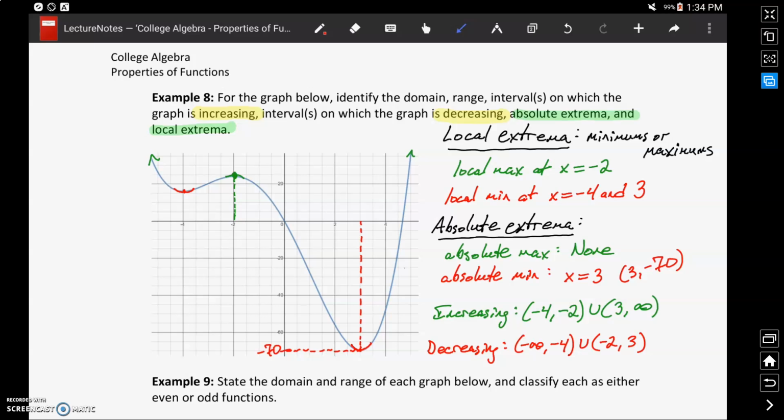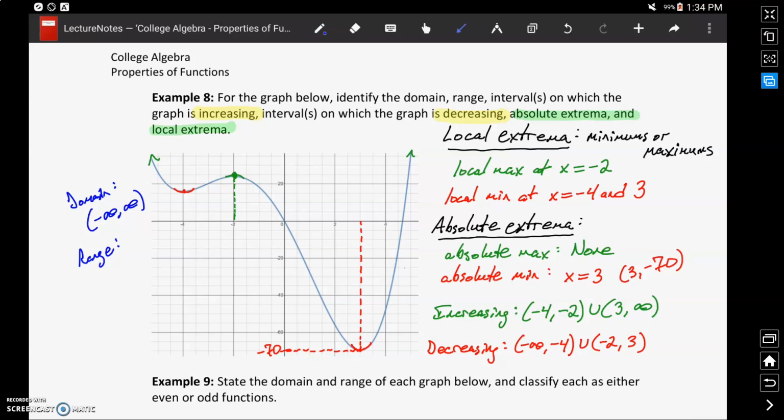One thing to notice is that those changes in direction happen at our extrema, whether they're local or absolute. So identifying intervals of increase and decrease and extrema go hand in hand. And then finally we can talk about domain and range. In this case our domain is unlimited or unrestricted, but our range will have a restriction.